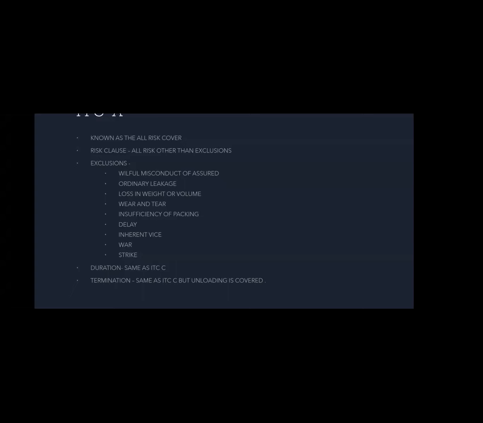Duration is same as ITC-C. Termination is same as ITC-C. However, unloading is covered. So termination in ITC-A is only after unloading. In case some damage happens during unloading, it is covered under ITC-A. Termination in case of ITC-B and ITC-C is also at the time of unloading, but there is no scope for any of the named perils covered under ITC-B and C happening during the unloading process.